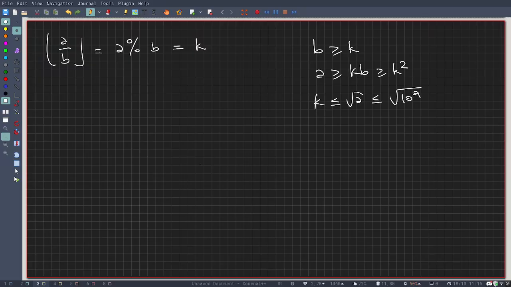Now let's try to find all valid pairs a, b for fixed k. Let's fix b, and now we have these two conditions. And actually, we know the exact value of a, assuming that we know the value of b.